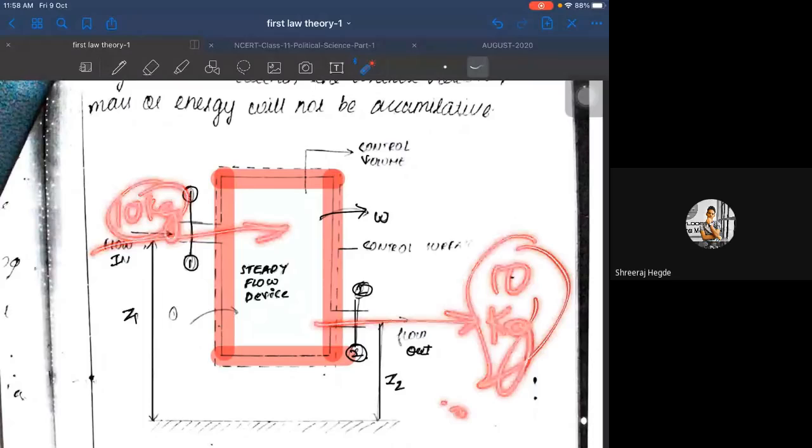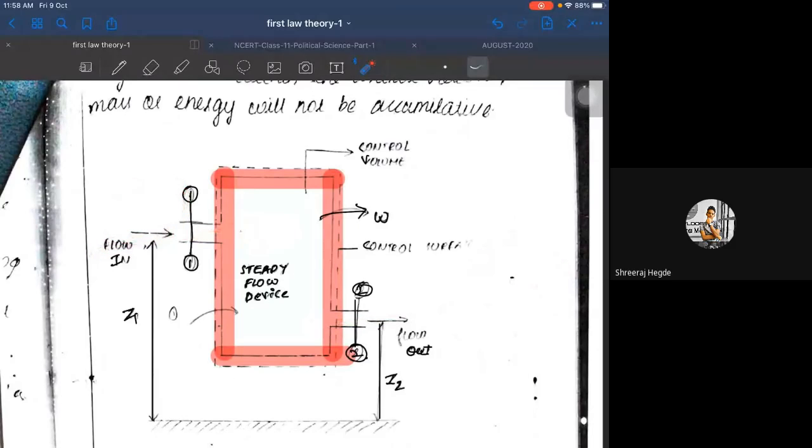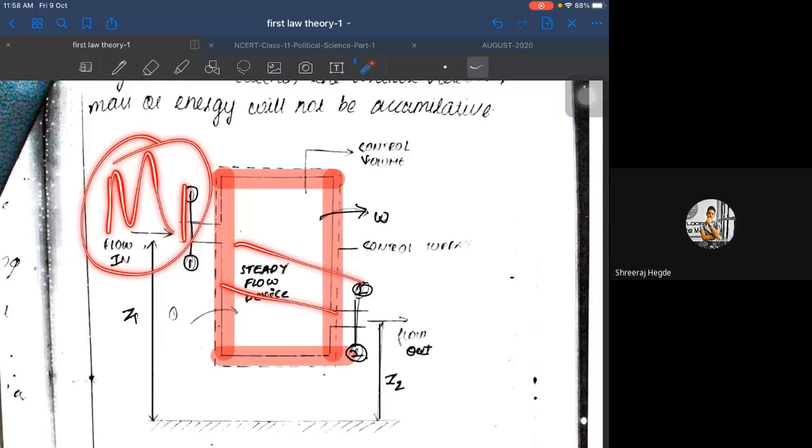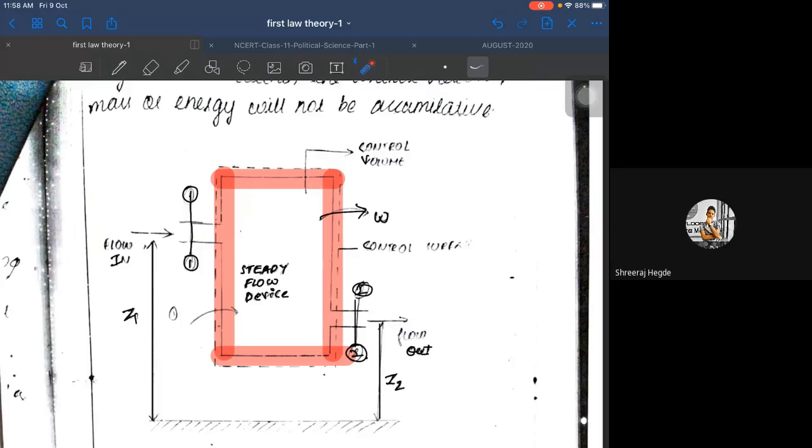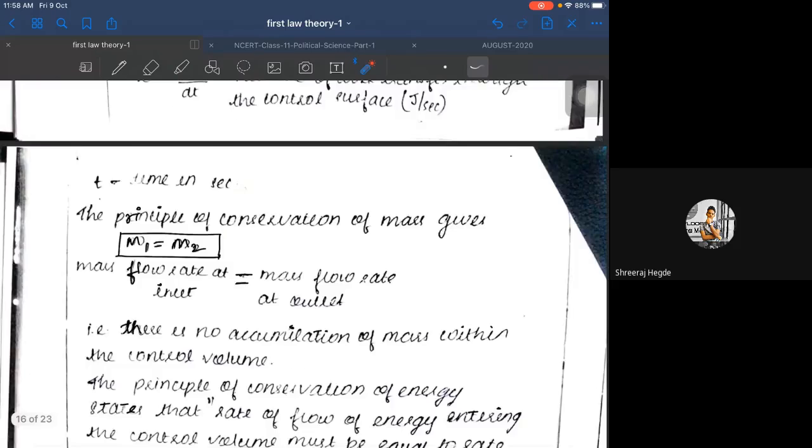That means no particles of the fluid stay within the system. Whatever is getting in should get out in the same amount. So m1 should be equal to m2.